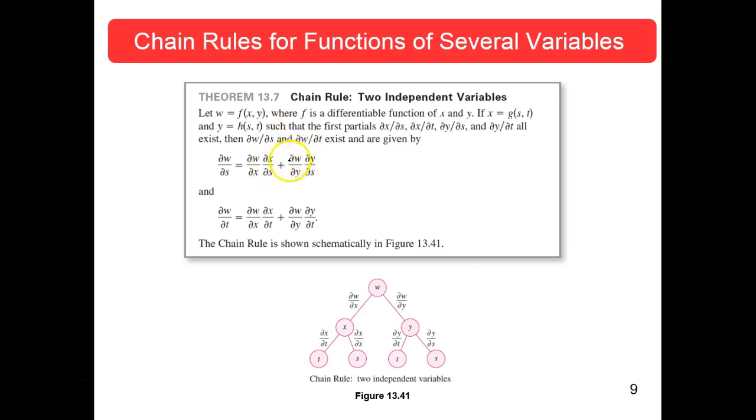So they look just like they did before, except you have partials in every place, not just in one. So plus the partial of w with respect to y times the partial of y with respect to s. And then you do the same thing for t: partial of w with respect to x times the partial of x with respect to t, plus partial of w with respect to y times the partial of y with respect to t. And that's basically the chain rule when you have two independent variables, rather than just one ultimate independent variable.